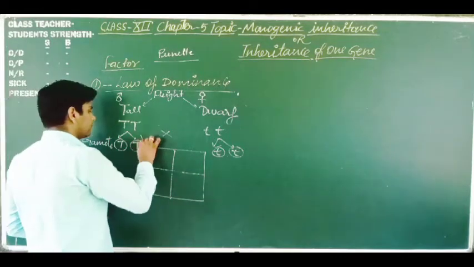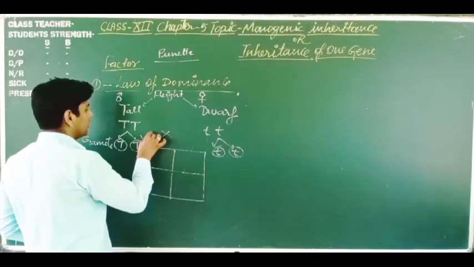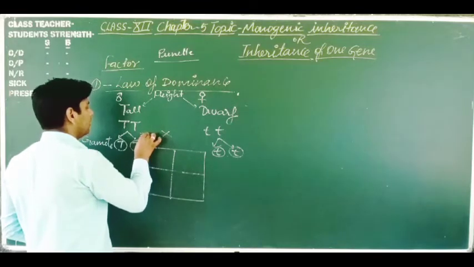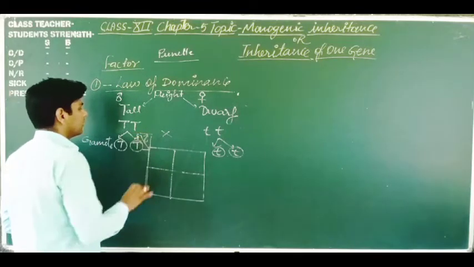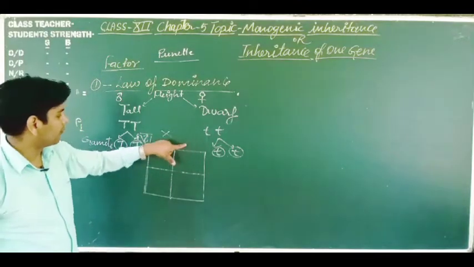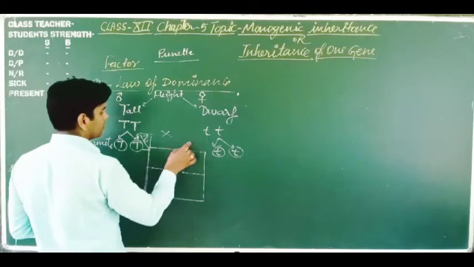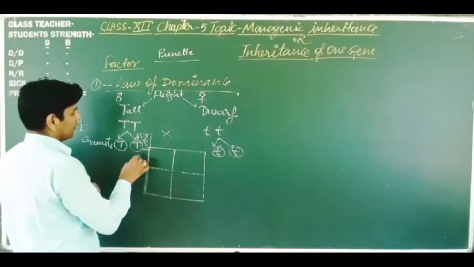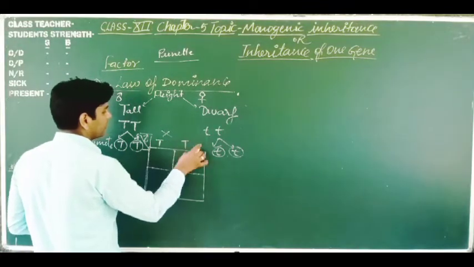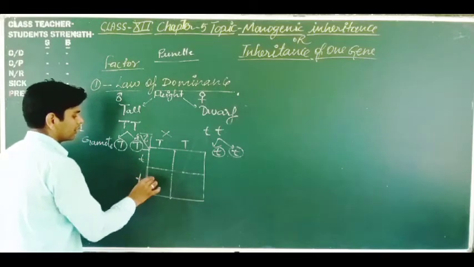Horizontally we will put the male gametes, and vertically we will put the female gametes. So the male gametes are capital T, and the female gametes are small t. Got it?